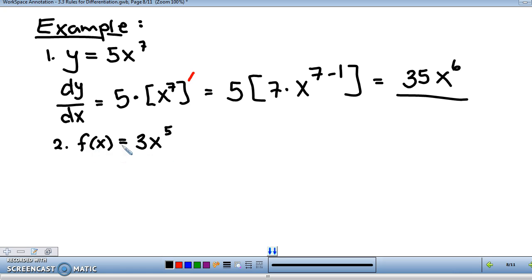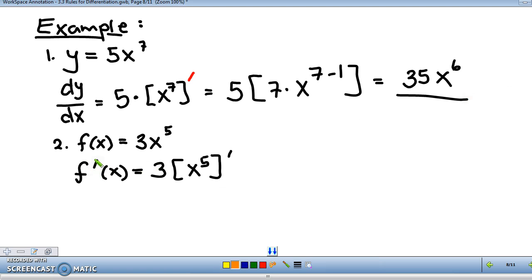Same thing here, f of x equals 3 times x to the 5th power, so that's f prime of x is, so pretty much f prime of x is 3 times whatever the derivative of x to the 5th is.